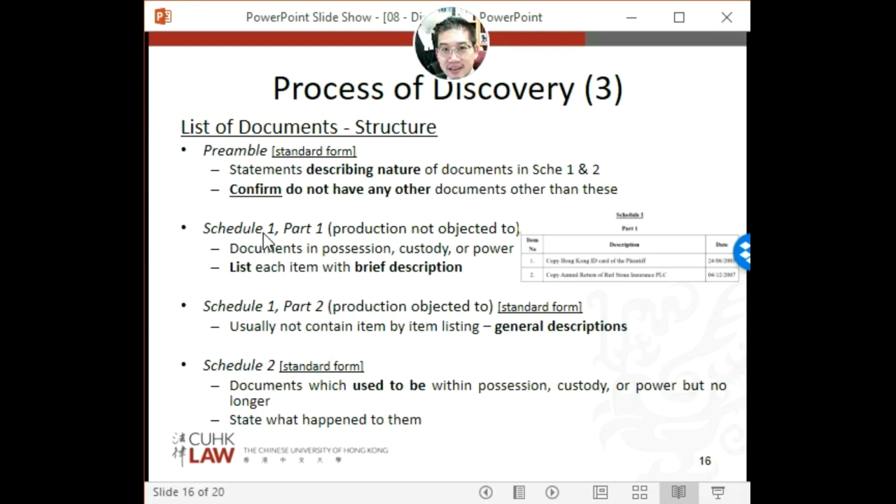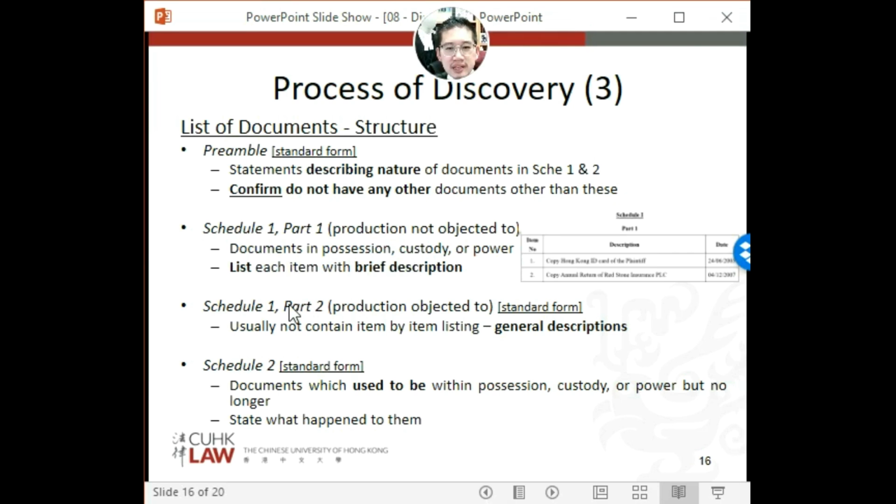In the example here, you can see there's a list of the documents, a description of each, and the date of the document.